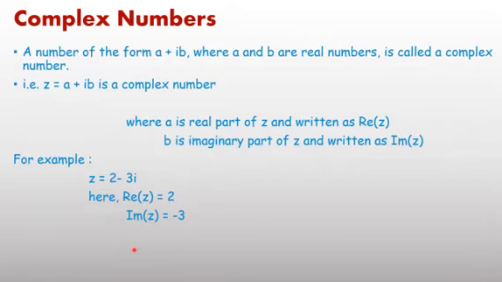Only the real part exists. Therefore, z equal to 7 we can write as z equal to 7 plus i into 0. That is known as a purely real number. And if z equal to 3i is written, it implies the real part is 0.